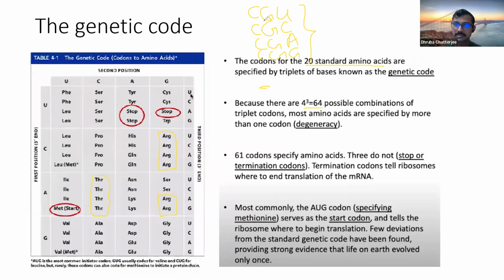Then how is it possible that four different sets of three-nucleotide sequences are encoding for the same amino acid residue? That means they are able to base pair with maybe the same tRNA anticodons.